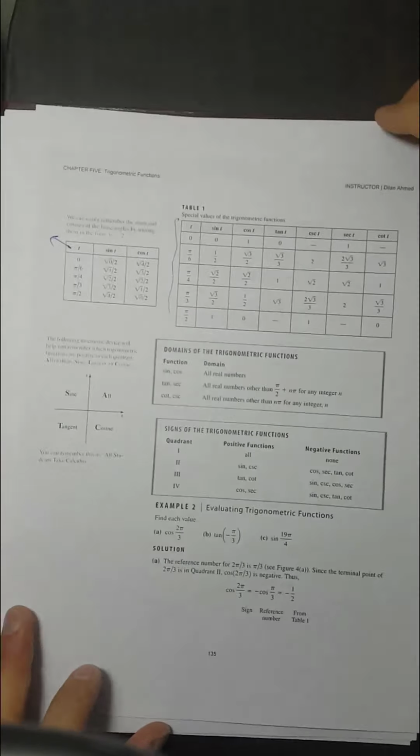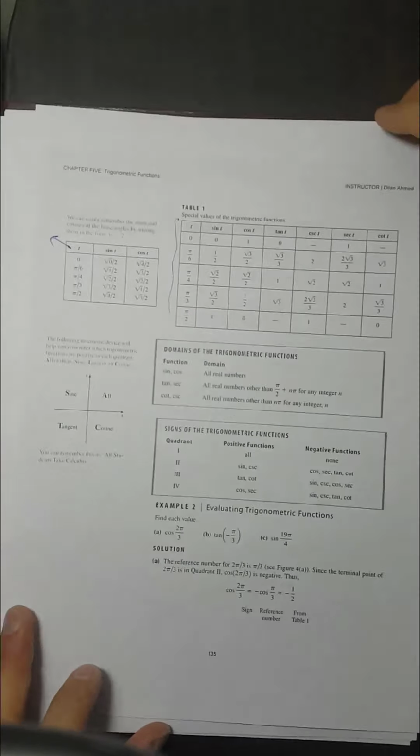Now it's time to find the sign of this one, or find the quadrant. 90 times pi over 4. So pi over 4 is here. This is pi over 4, 1, right? 1 pi over 4.